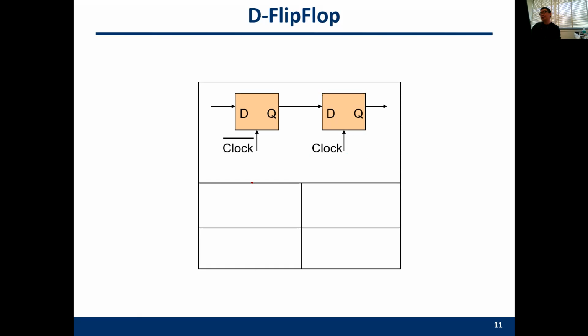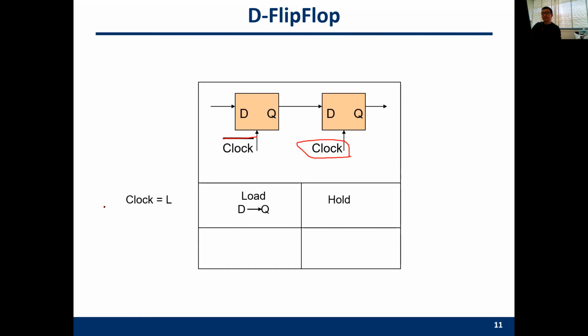The flip-flop is also very simple. We just connect 2 D latches together, and we also use one single clock to control them. This D latch is controlled by clock bar, but this one is controlled by the clock itself. So when the clock is low, this clock is high. When this clock is high, you can load.